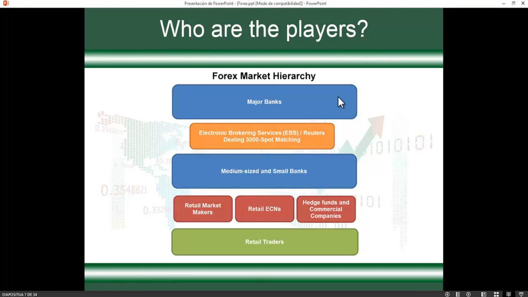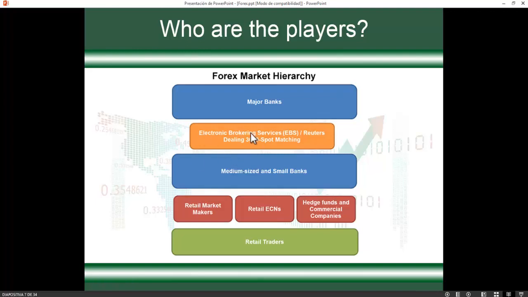All of the major banks have their own divisions of futures and currency traders and investment traders and pension traders as well. So they all have a play in a speculative way in this market.